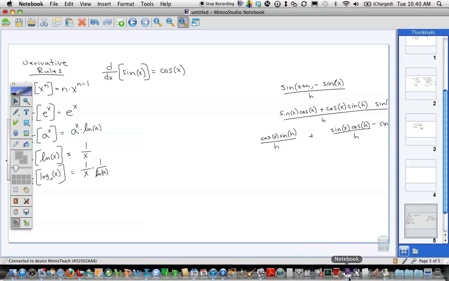All I did is separate 2 fractions. They have a common denominator, so I can put them back together if I needed to. All right? On this one, I can factor out a sine x. I get cosine h minus 1 all over h plus I got this one, cosine x.